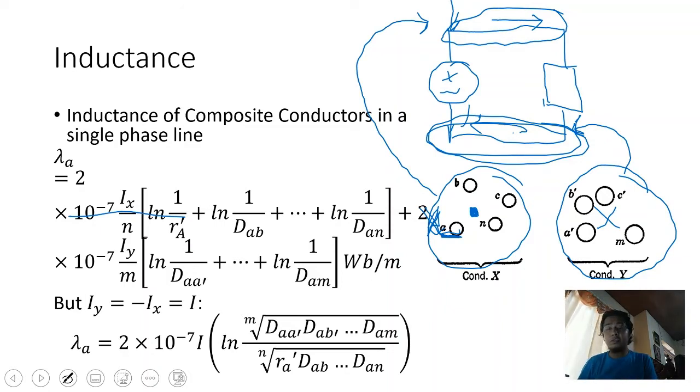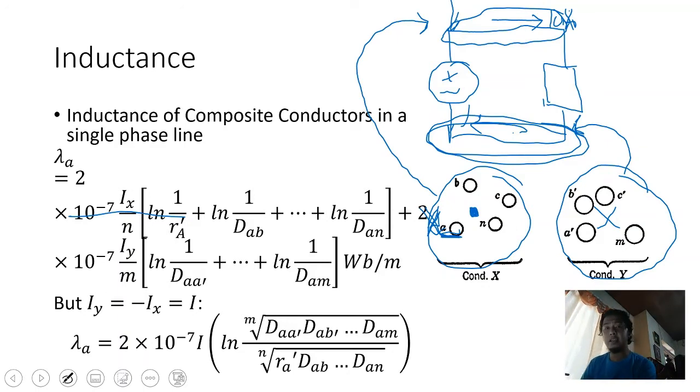Therefore, the current we consider is only the current passing through A. So if this total current is 10 amperes, then this 10 amperes will be divided among A, B, C, and N, however many there are. If there are four and they are identical conductors, then maybe 2.5 amperes passes through conductor A. Okay?